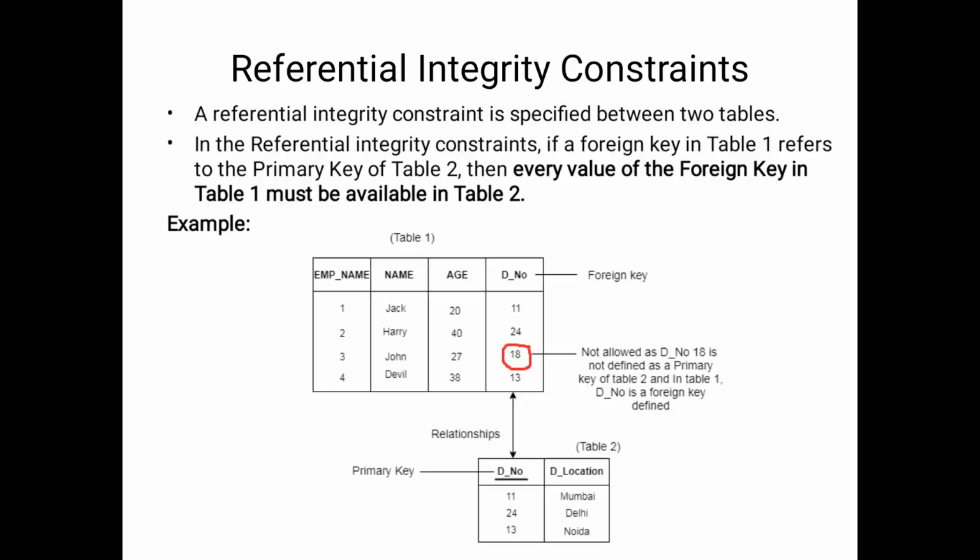So we can derive the remaining three rows from table 2, where the primary key is applied on door number. The remaining data is rows 1, 2, and 4, that is door numbers 11, 24, and 13.